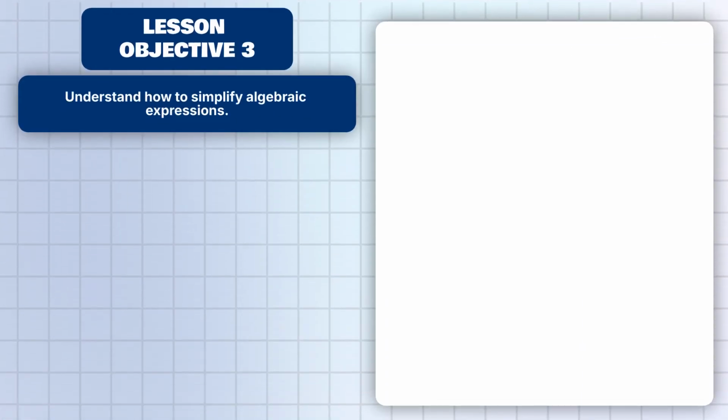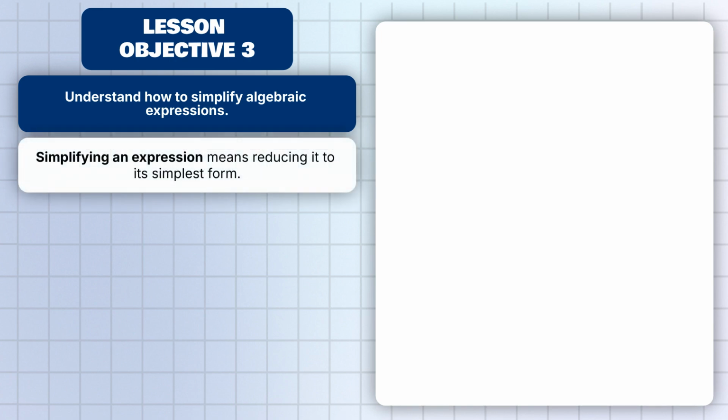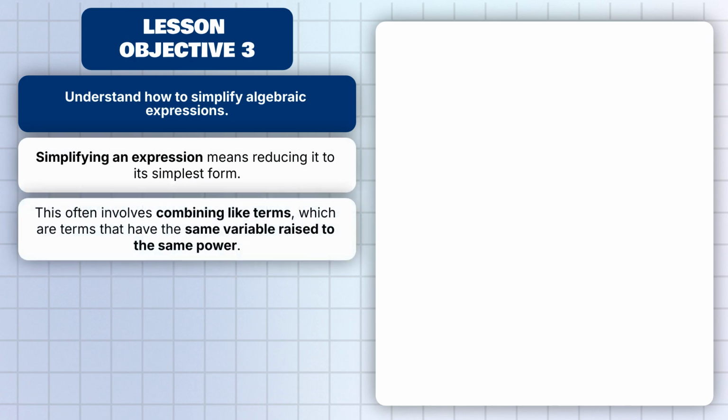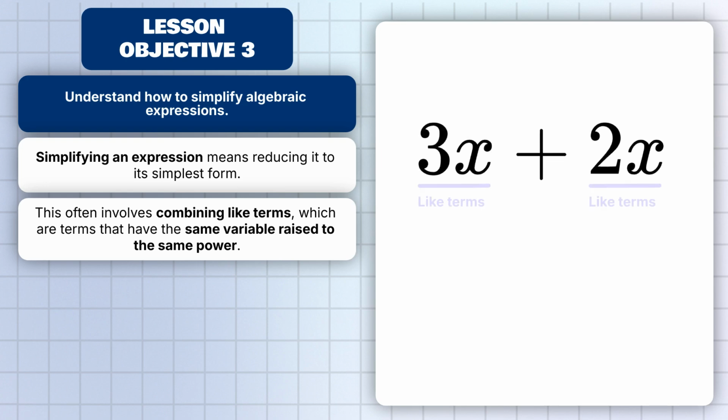Lastly, let's discuss simplification. Simplifying an expression means reducing it to its simplest form. This often involves combining like terms, which are terms that have the same variable raised to the same power. For instance, in the expression 3x plus 2x, we can combine the like terms to get 5x. We can do this because they both have the same variable x and are both raised to the same power of 1.